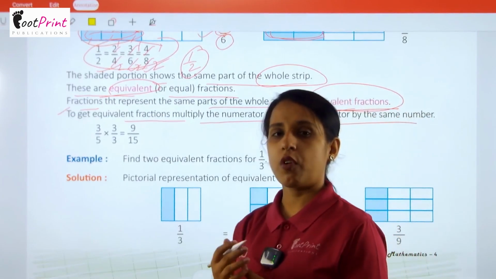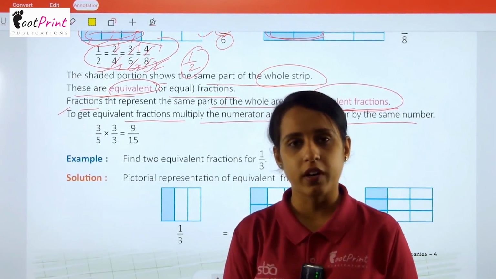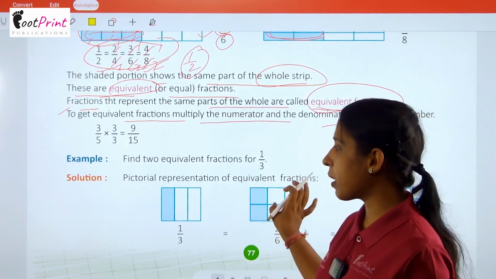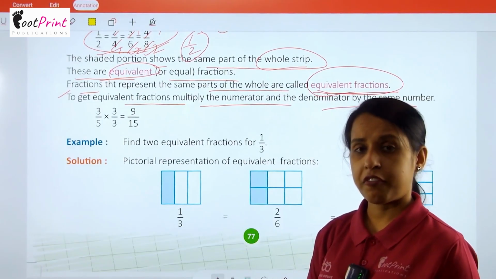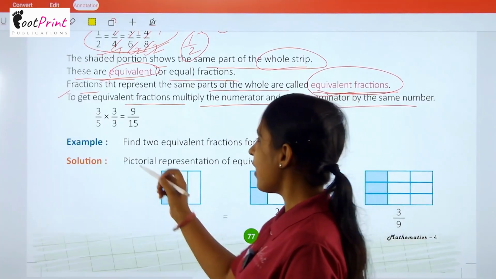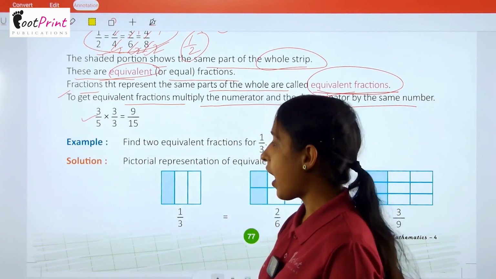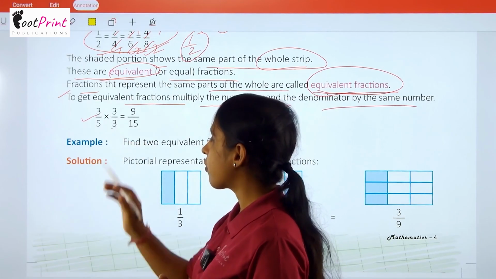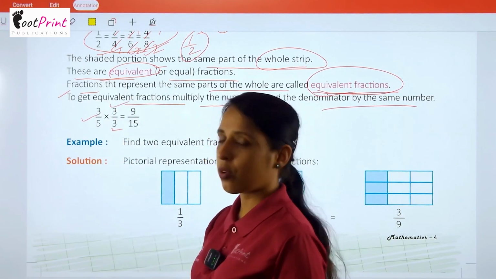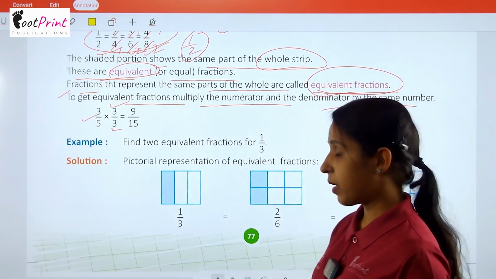And if we want to make a fraction into an equivalent fraction, we can multiply the given fraction's numerator and denominator by the same number. Here 3 upon 5 is given, and we will multiply its denominator by 3 and the numerator also by 3. We can multiply by any number.